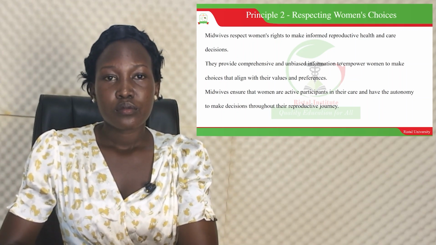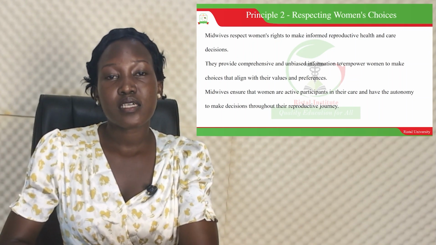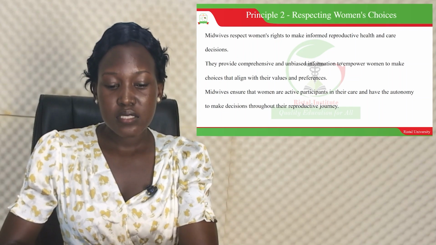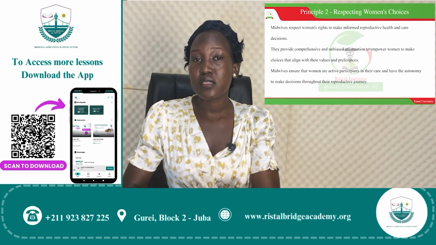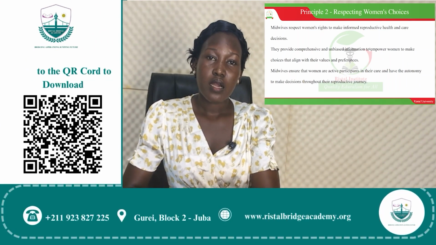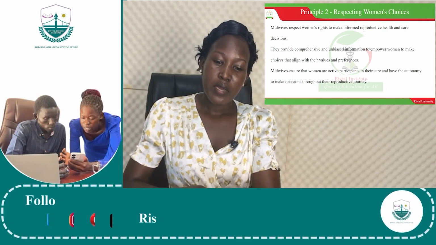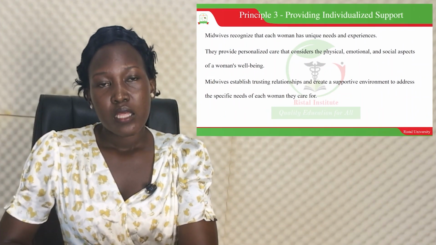So what we do, we give them education on other types of family planning, but still allow them to participate actively in making decisions on which type of family planning they think can help them. So by that, you will be respecting their choices.